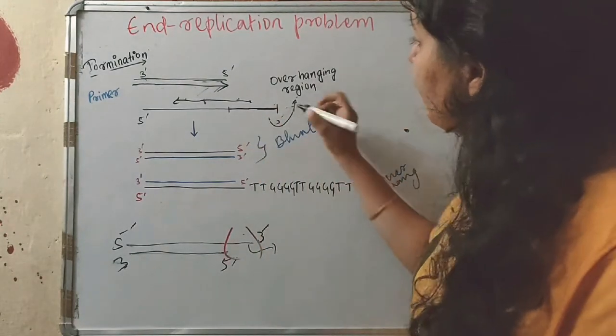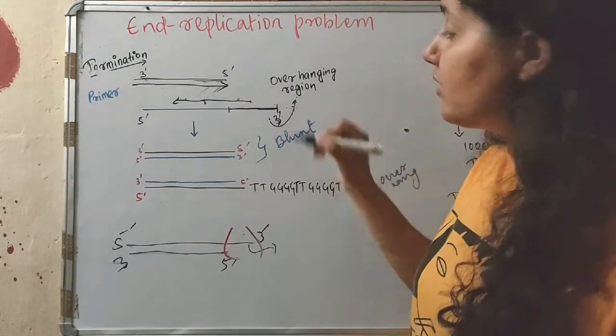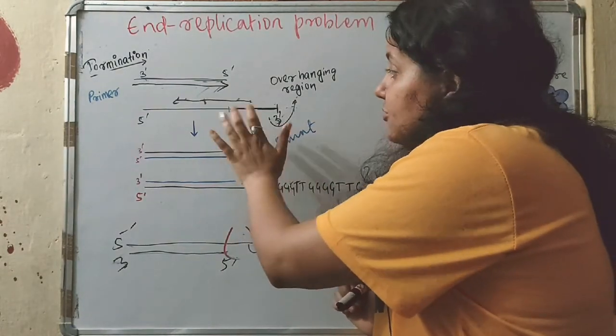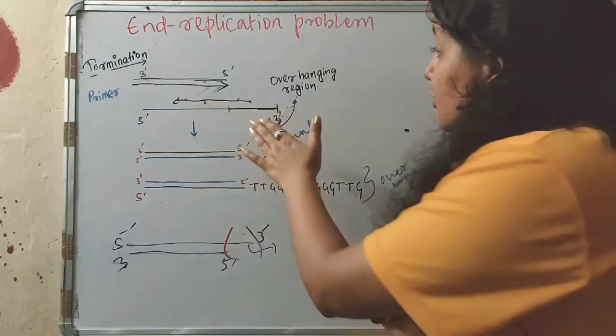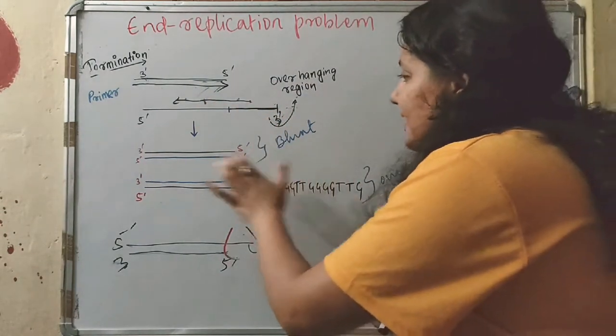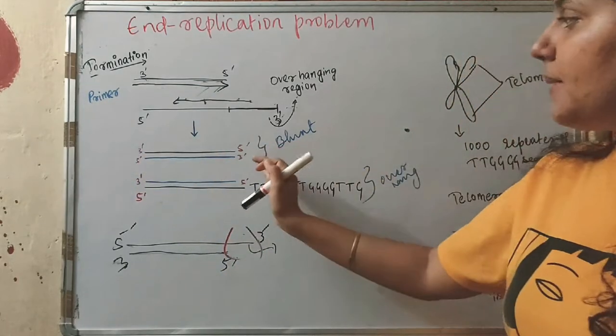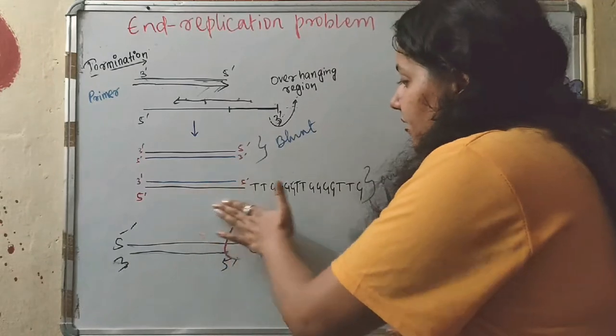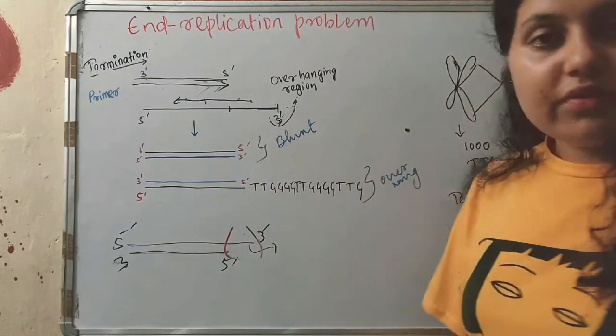So there will be the formation of a 3' overhang. This is the lagging strand, and in the lagging strand there will be the 3' overhang, whereas the leading strand is the same and blunt.